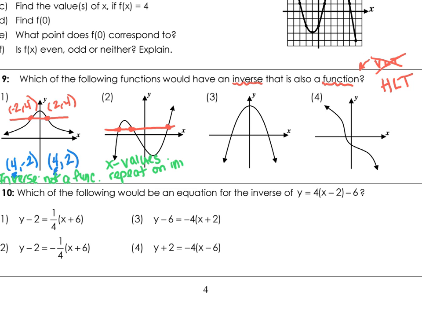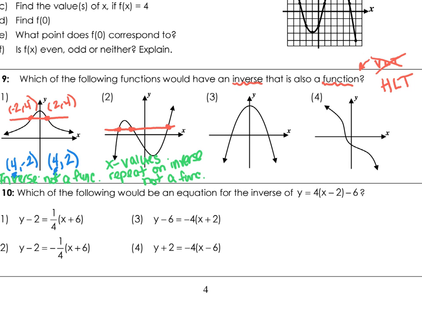Remember, that's on the inverse, though. And therefore, if the x values repeat on the inverse, then this is not a function. So the original one is a function, but when you flip all the values around and graph the inverse, it would not pass the vertical line test.